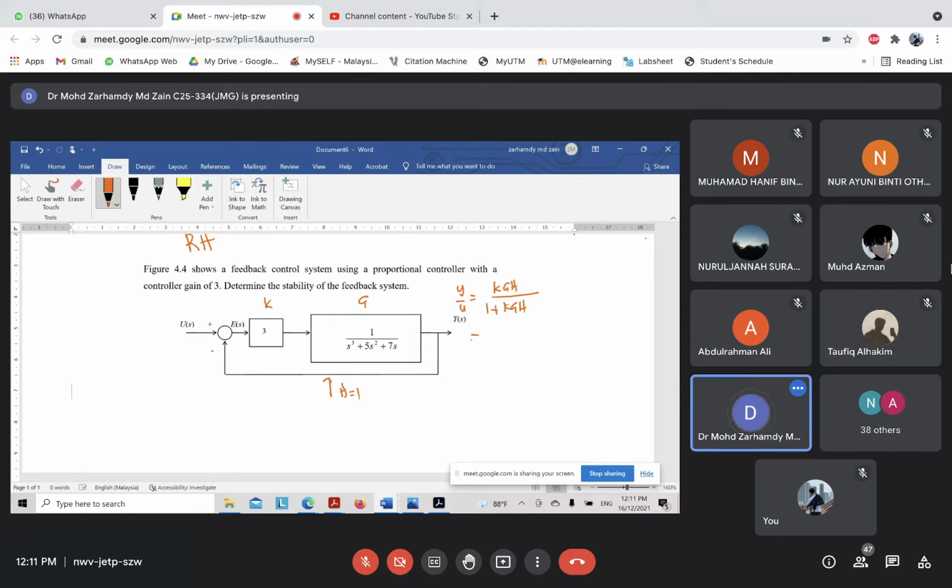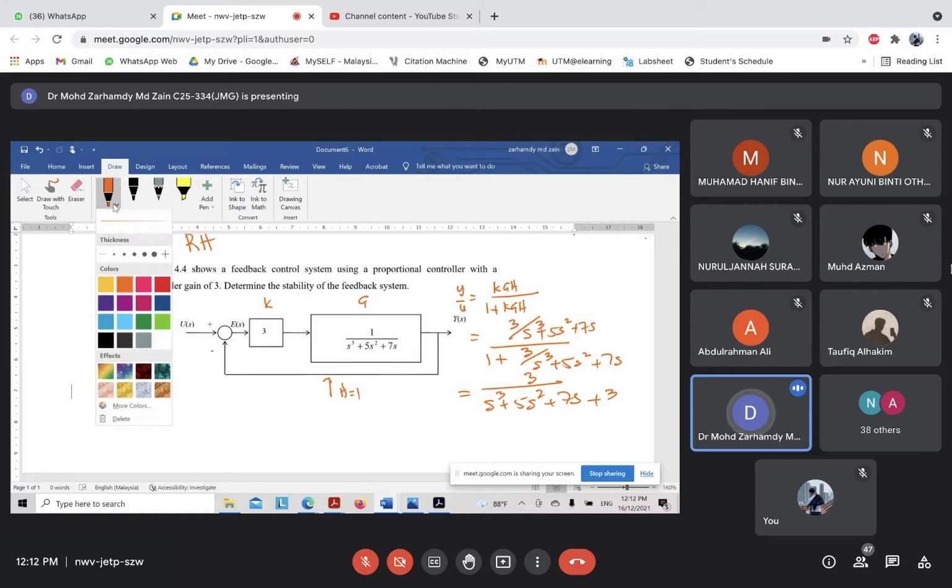From here, by calculation, we will get a transfer function with the denominator S to the power of 3, plus 5S squared, plus 7S, plus 3.